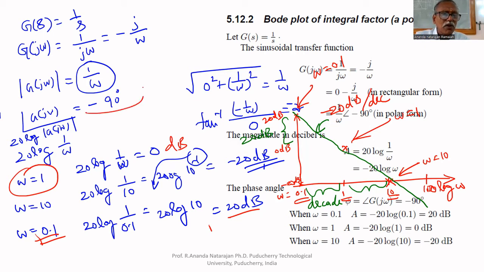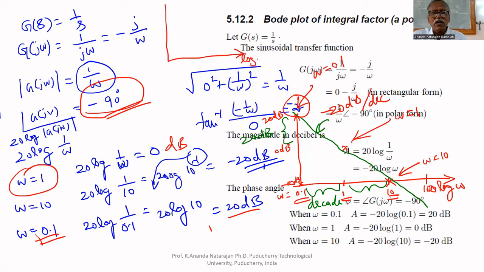Already we have seen that the phase plot is always minus 90 because the real part is 0. Therefore, the phase plot looks like this. If you draw the phase plot for this, this is the phase plot, on log omega, or simply the logarithmic scale.